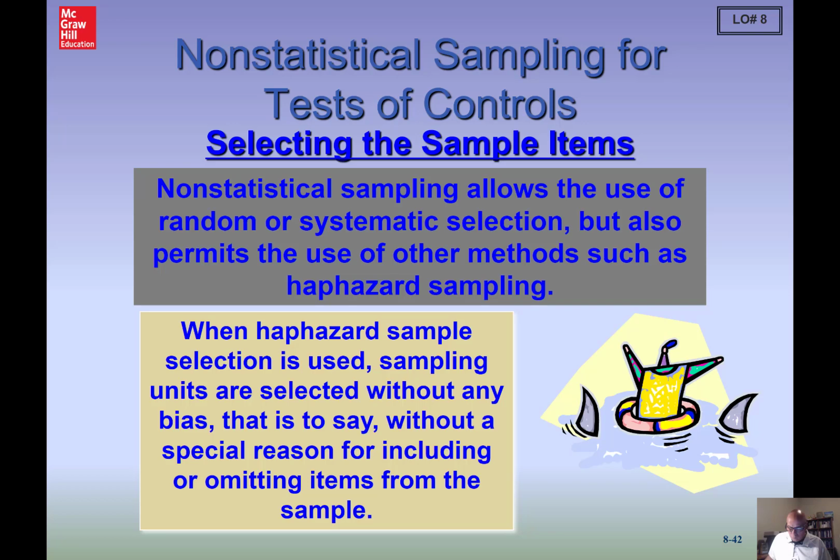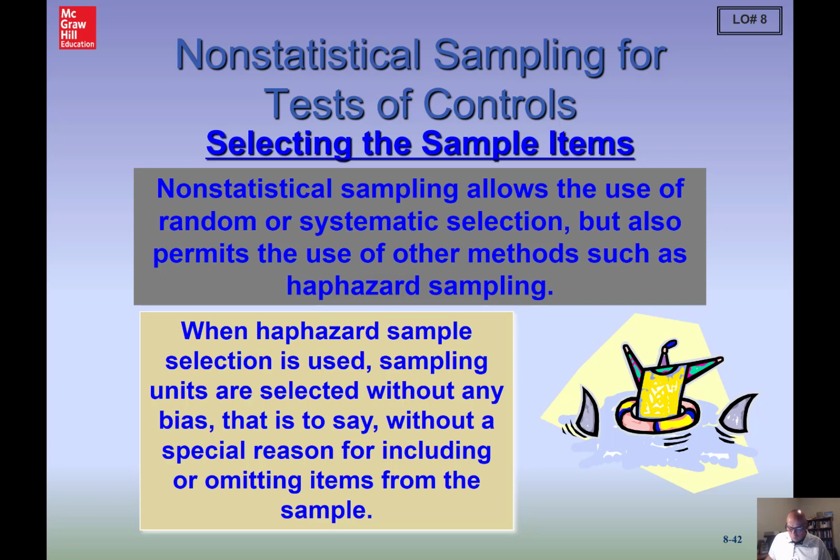Okay, good. We can also use something called haphazard sampling, which we could sit there and say, well, we're going to go ahead and select every fifth item or something like that. That's haphazard.